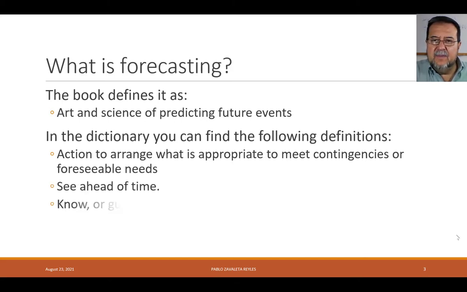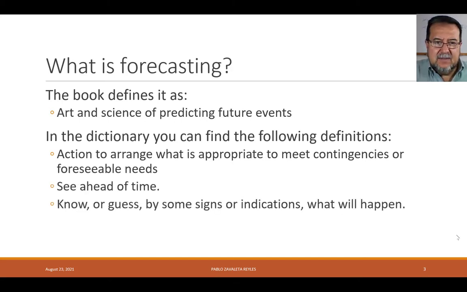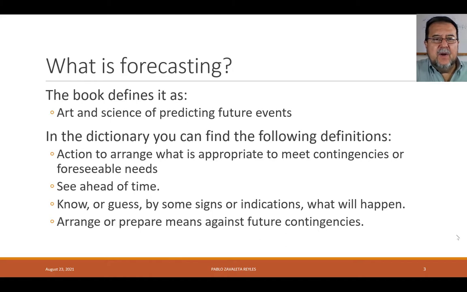See ahead of time, know or guess by some signs or indications what will happen, and arrange or prepare means against future contingencies. So, essentially, what is forecasting? Forecasting is using tools in order to try to get closer to what the future holds.